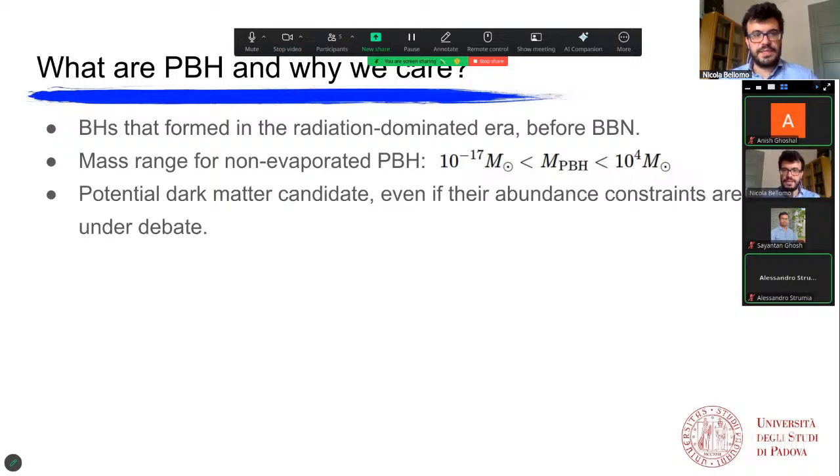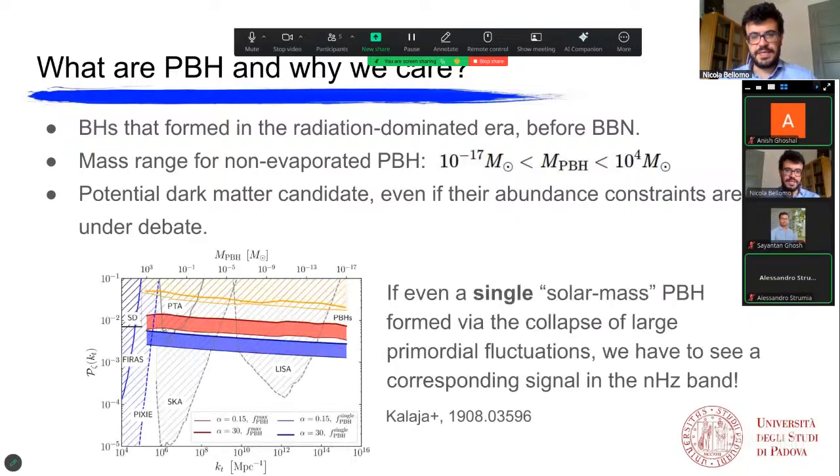At the current day, they are potential dark matter candidates, even though constraints on their abundance are plenty debated. The interesting thing is that the process of black hole formation via the collapse of big fluctuations in the early universe is so extreme that even if we require only a single primordial black hole to exist in the universe, that would require the power spectrum to be around 10 to the minus 3, where this blue bar is.